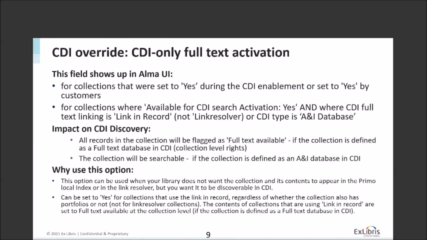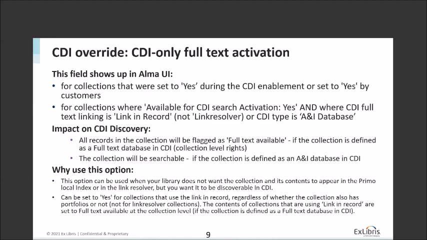The field, the CDI only full text activation, in the Alma interface can be found in the CDI tab of the electronic collection editor, and it will show up in specific cases. It doesn't show up for every collection. When does it show up? It shows up for collections that, first of all, were set for this setting to yes during the CDI enablement, when we moved your activations from Primo Central to Alma, and also for link in records type of collections for CDI, which are available for CDI search activation.